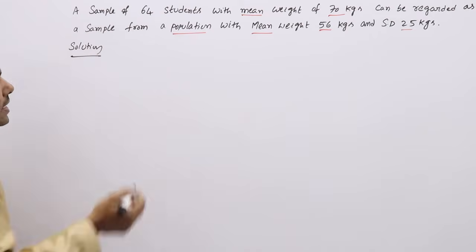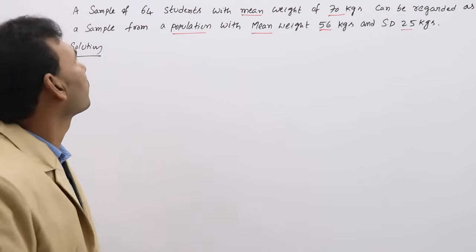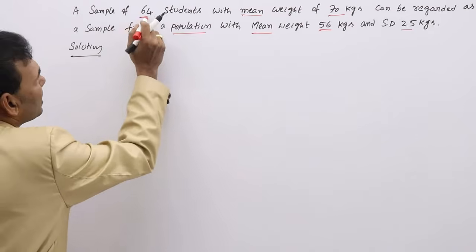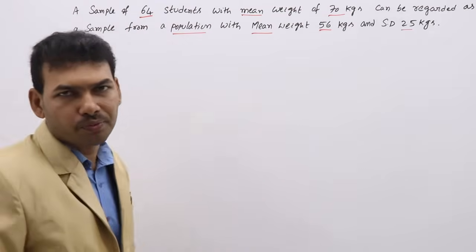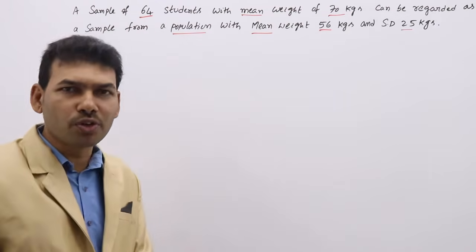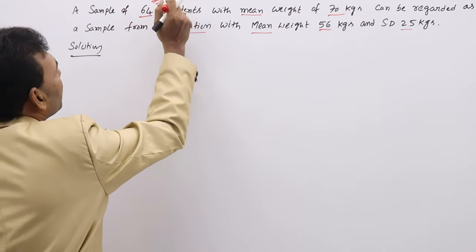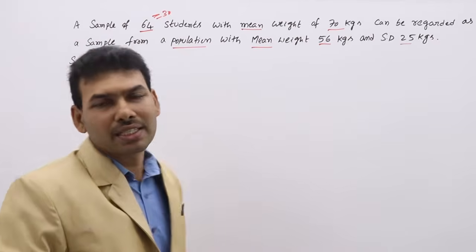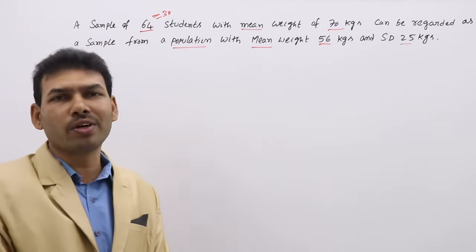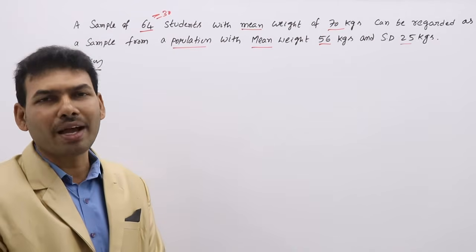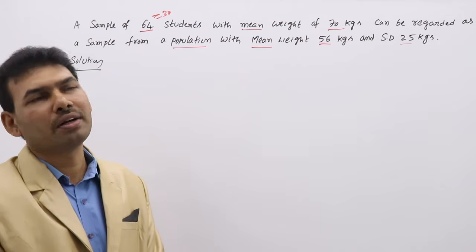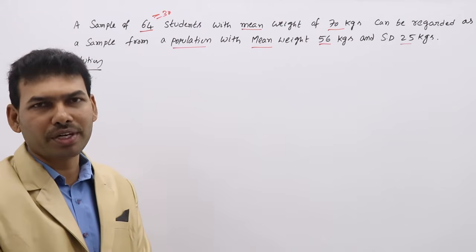How can we decide? We have means and one sample of size 64. Here 64 is greater than or equal to 30. When the size of the sample is greater than or equal to 30, that sample is a large sample. That test is a large sample test.